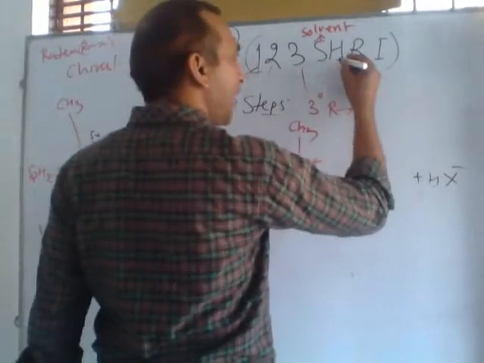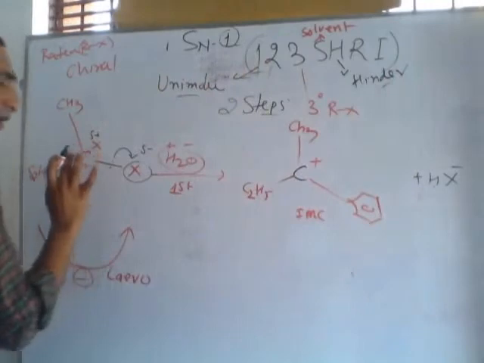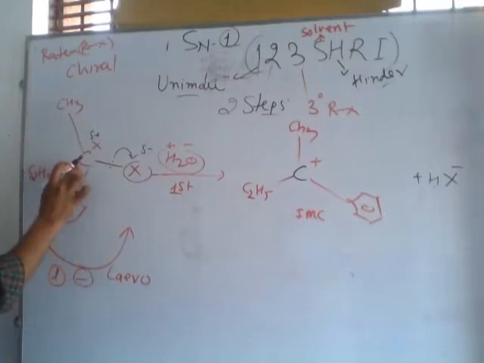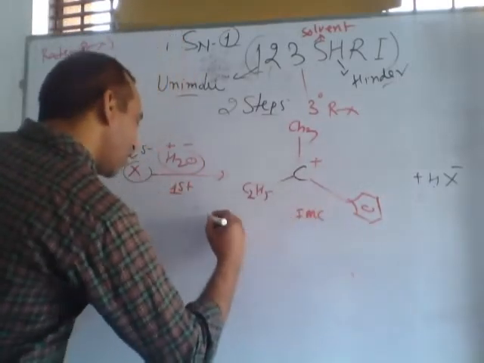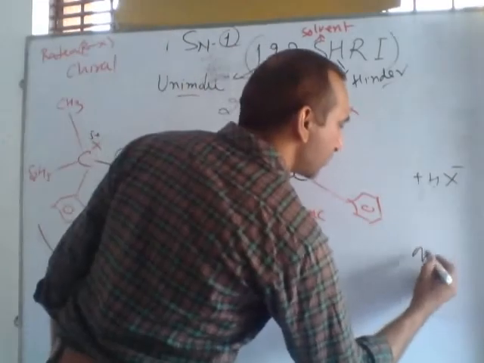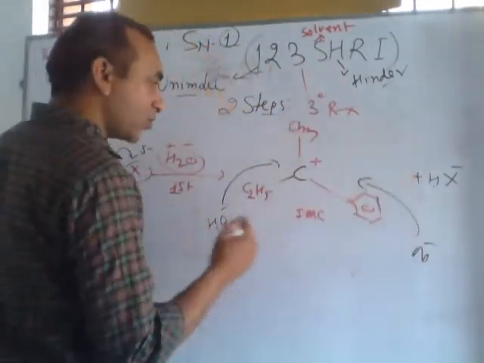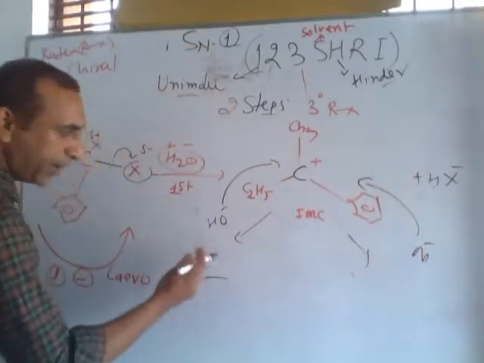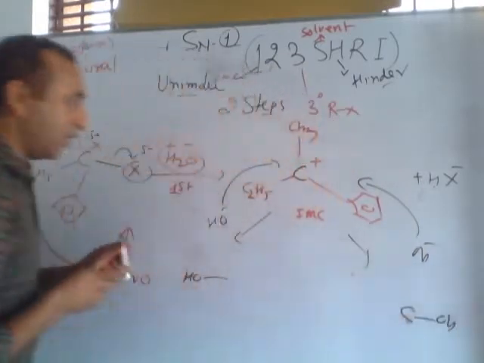Next, H. H means hinder. Hinder means steric hindrance, meaning there is no free space around the center carbon atom for the attacking nucleophile due to the presence of these large bulky groups. So in this case, the nucleophile OH minus may attack from the left hand side, otherwise from the right hand side. So two products will be formed. Listen carefully. If this OH joins from the left hand side, this OH is attacking from the right hand side.